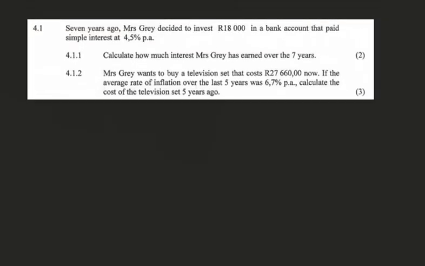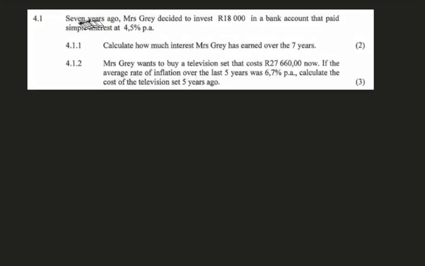So here are the first 2 questions. It says 7 years ago. That's n, the period they gave us. Mrs. Gray decided to invest 18,000, which means the principal amount before it gained any interest was 18,000, in a bank account that paid simple interest.